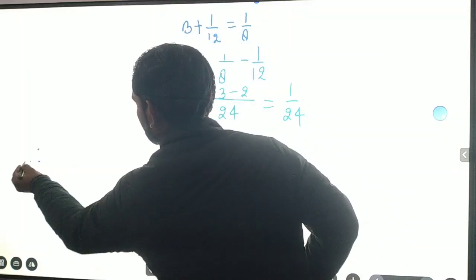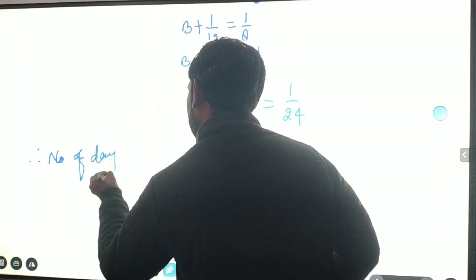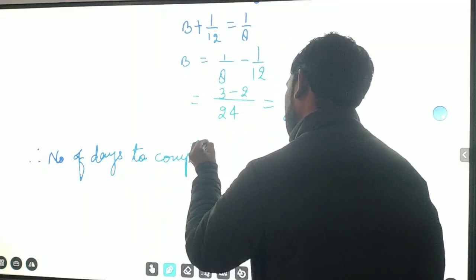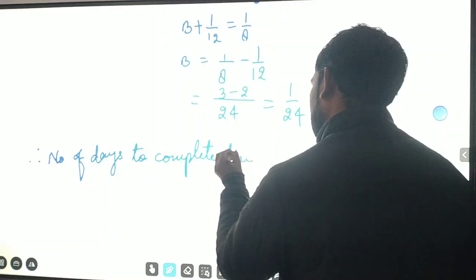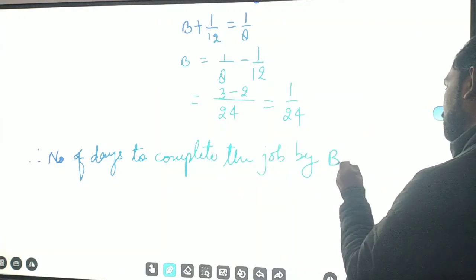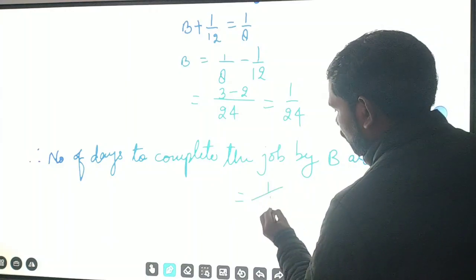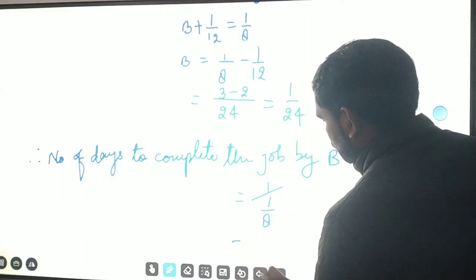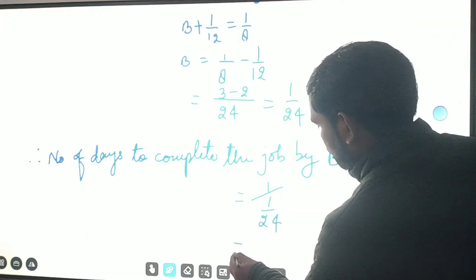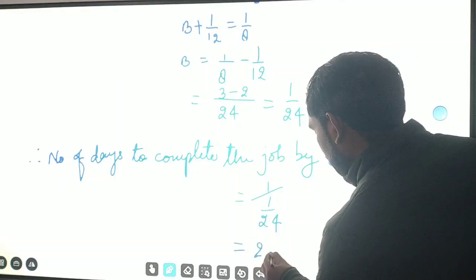Therefore, number of days to complete the job by B alone is equal to 1 upon 1 by 24, which is equal to 24 days.